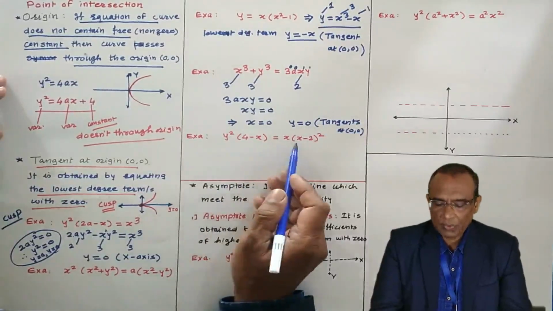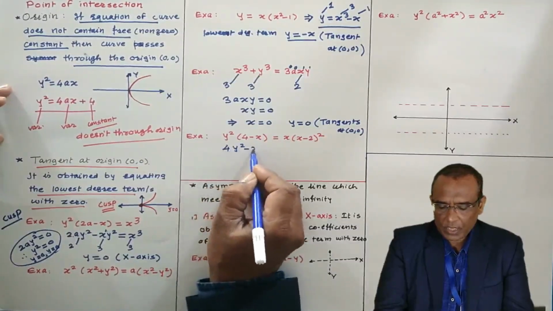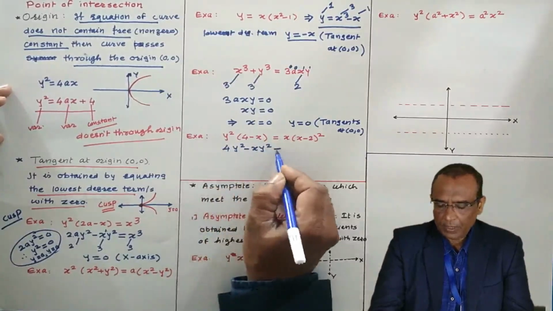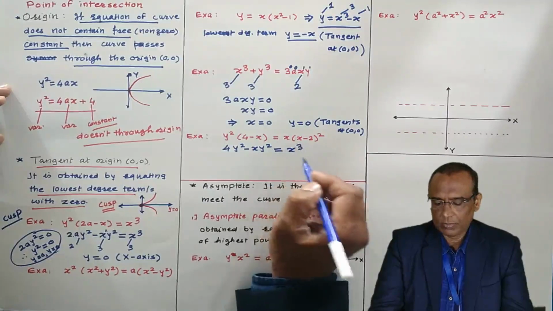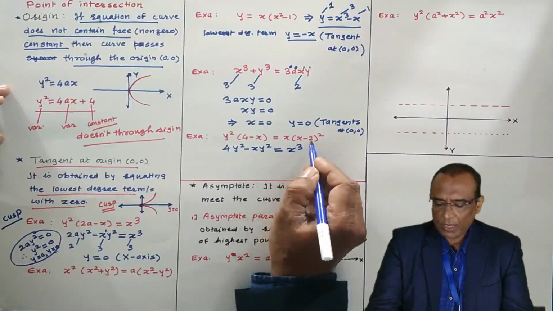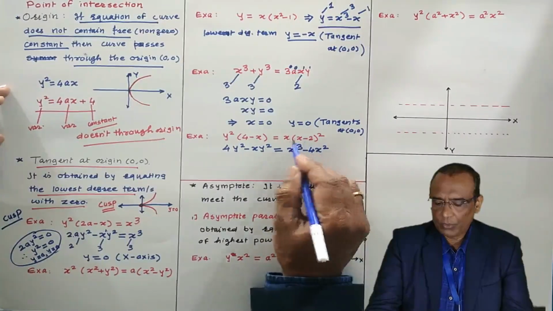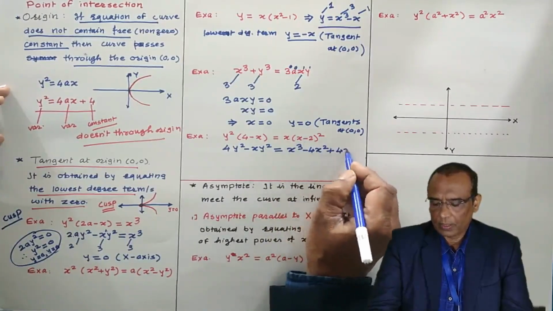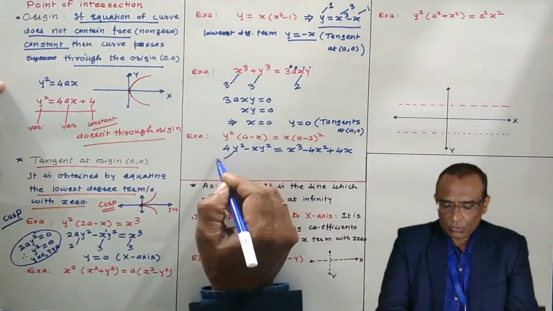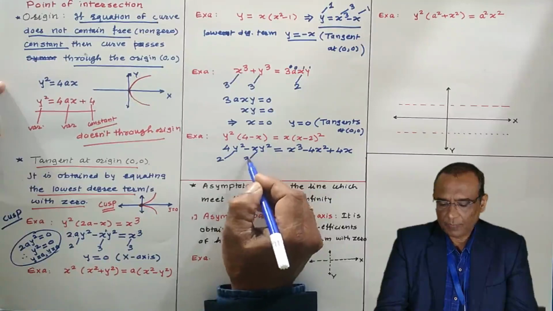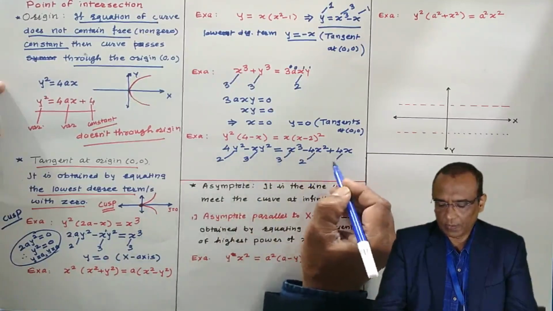Now for the tangent to this curve at origin, I am going to simplify it: 4y square minus xy square. Here x square into x is x cube, minus 4x into x, plus 4 into x. Now the lowest degree term: degree of this term is 2, this term is 3, this term is 3, this term is 2, and this term is 1.